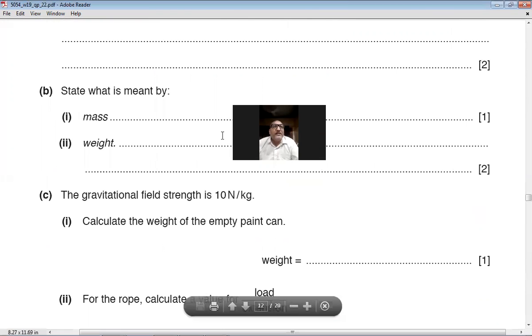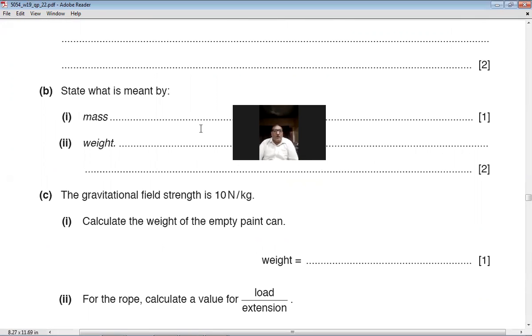He says, state what is meant by mass, a 1-mark question, and what is meant by weight, a 2-mark question. Mass is the amount of matter in a body, and its SI unit is kg. Whereas weight is the force applied or pull on a body.